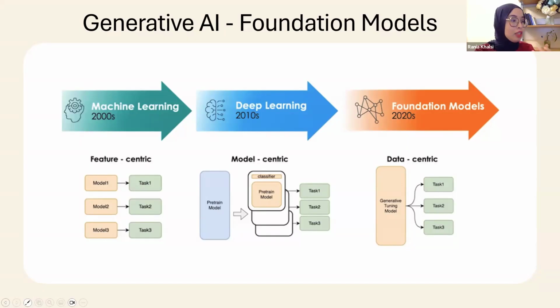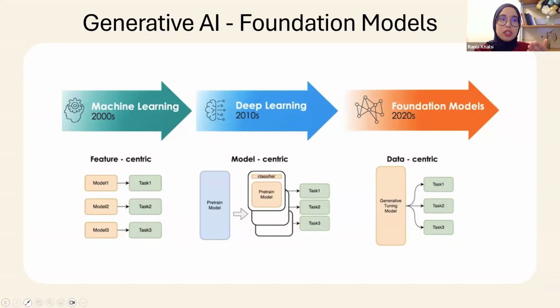As someone who did my PhD in deep learning, and has been working on it from 2020 to 2023, I started my master's in 2019, sorry, exactly 2019, 2020, and I thought nothing would replace deep learning.